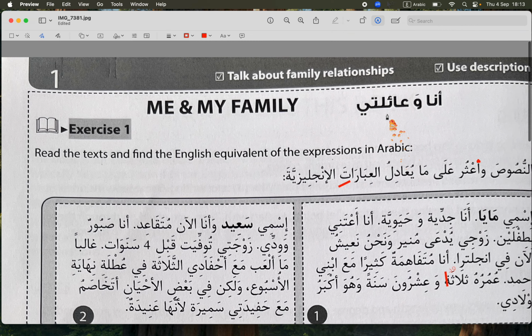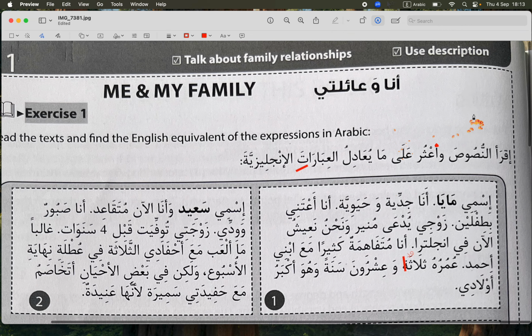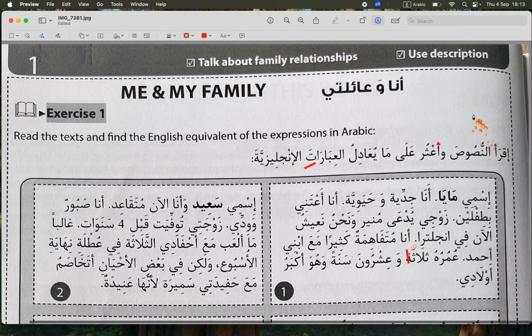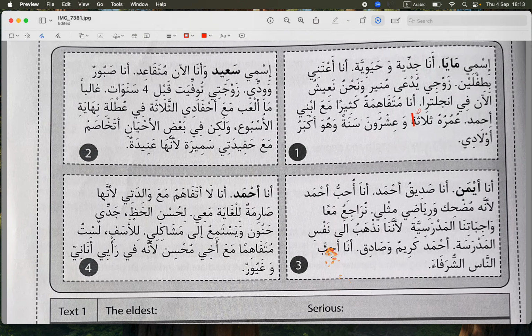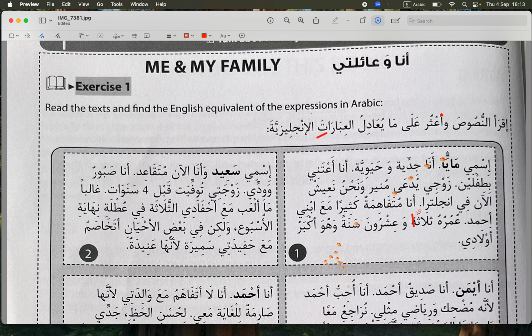So the first task, and we won't be going through the whole page today. We'll probably just go through these two paragraphs here, number 1 and number 2, inshallah.